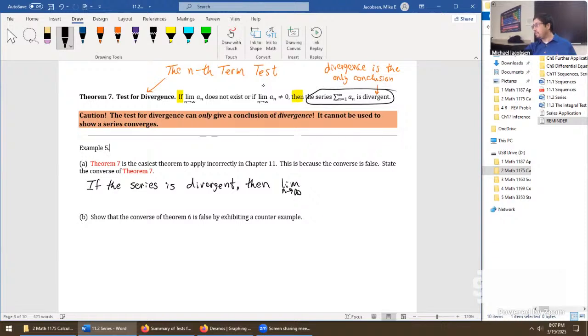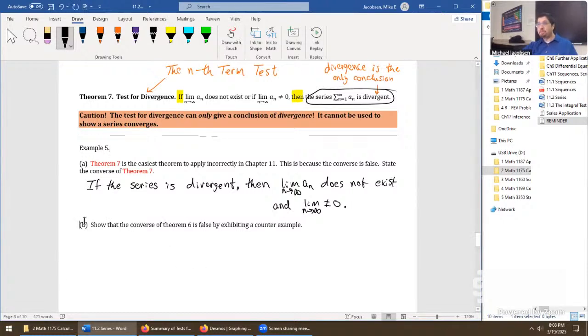Limit as n goes to infinity of a_n does not exist, or limit as n goes to infinity is not equal to 0. Don't quite like that or. Let's say an and on there just to make it feel logically correct as possible. That would be what the converse of this theorem would look like.